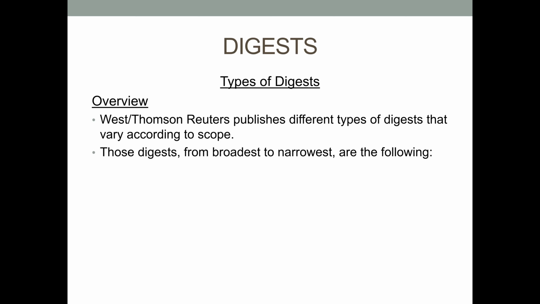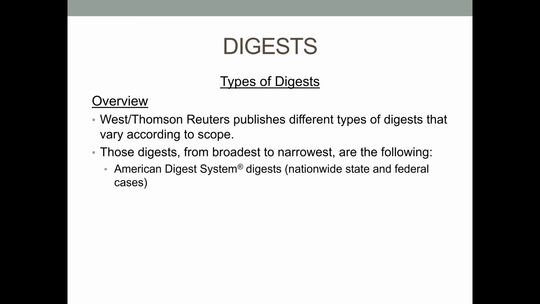And so they have everything from nationwide state and federal digests combined all the way down to digests that only deal with a particular area of law. And so here is a rundown of the different types of digests that West and Thomson Reuters offer, from the broadest coverage to the narrowest.